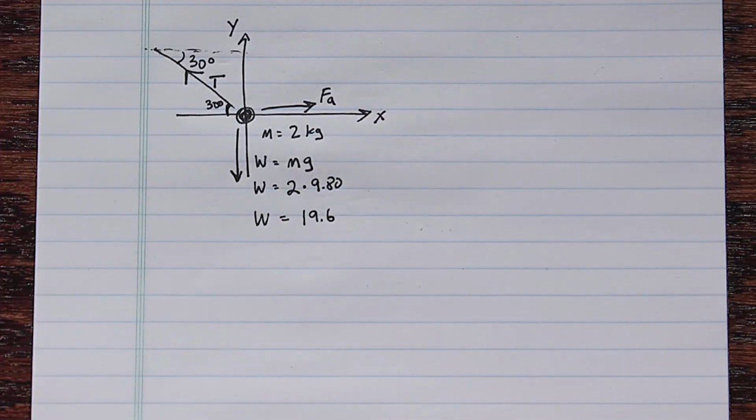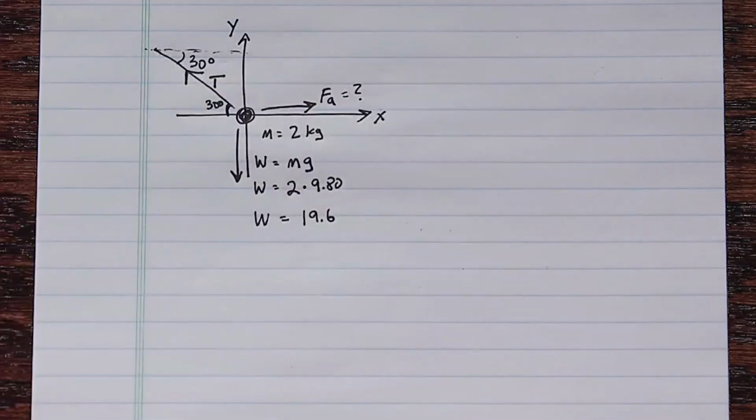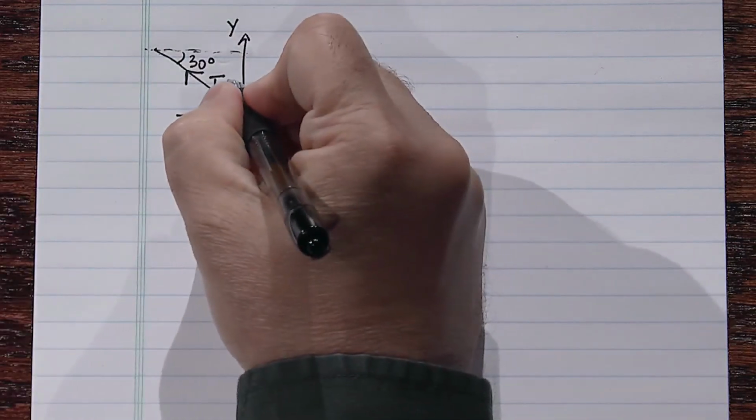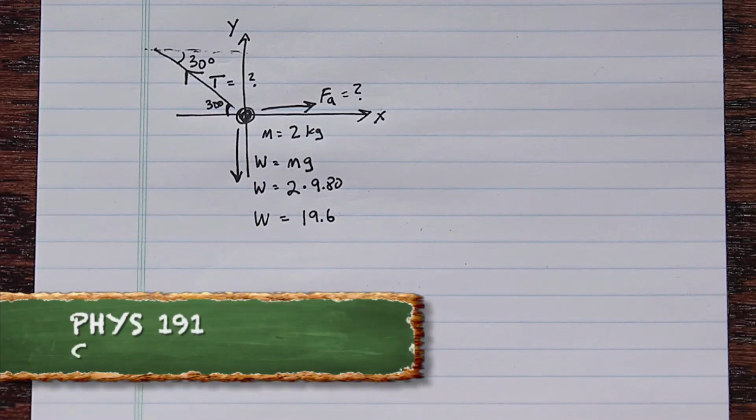So we've drawn our diagram, we've drawn in all the forces acting on the ball, and we've gotten everything that's known from the statement. What are our unknowns? Our first unknown is the applied force. What is the applied force? What is the tension? That's our other unknown. So we have two unknowns that we're looking for.